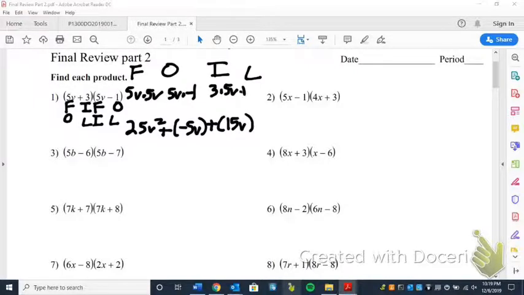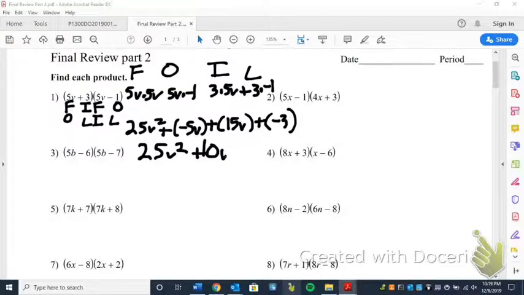And our L's are 3 times negative 1, or negative 3. We then combine like terms. So we have 25v squared plus 10v, because negative 5v plus 15v is 10v, minus 3. And that's our answer. So we need to follow the foiling process of multiplying the first terms, the outside terms, the inside terms, and the last terms. And then we combine like terms, and we're done.